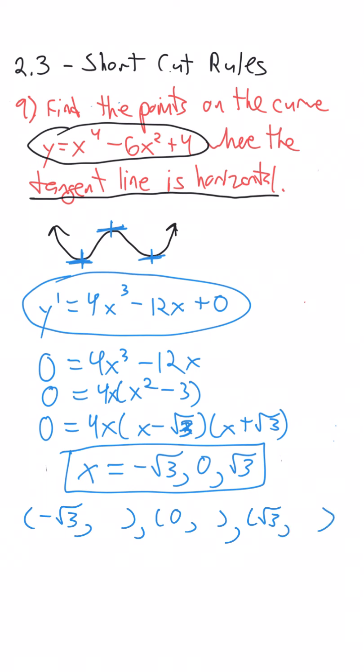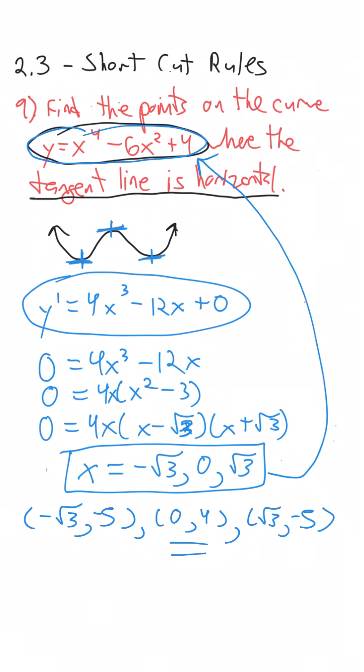How are we going to find out what the dependent values are? Just plug these independent values back into the original function to get the ordered pairs. So you'll get negative 5 for negative square root of 3, 4 for 0, and negative 5. You're like, how do you do that again? Plug in 0 into this y function, and you clearly get out 4. Same thing happens if you plug in square root of 3. You just do the math.